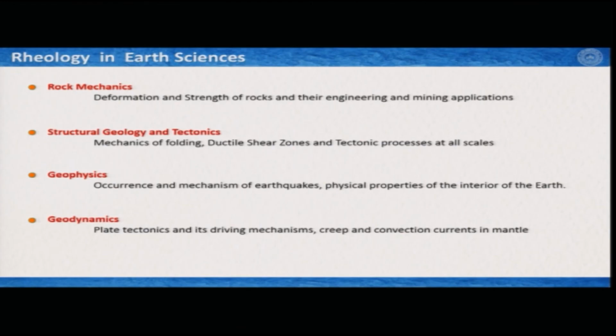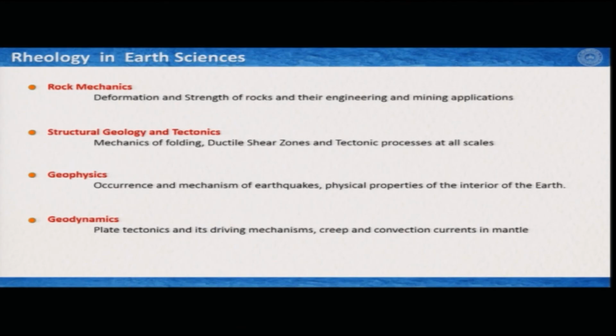So, plate tectonics, its driving mechanisms, creep and convection currents in the mantle, upwelling of plumes and what not. All these things are being studied under the topic of rheology.